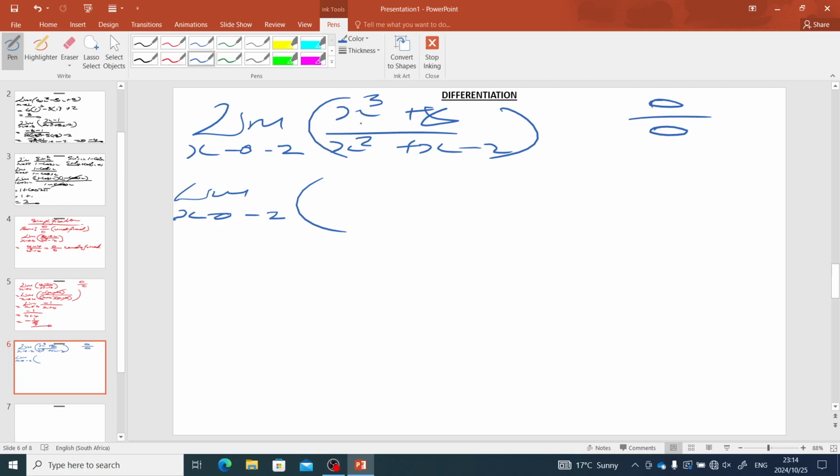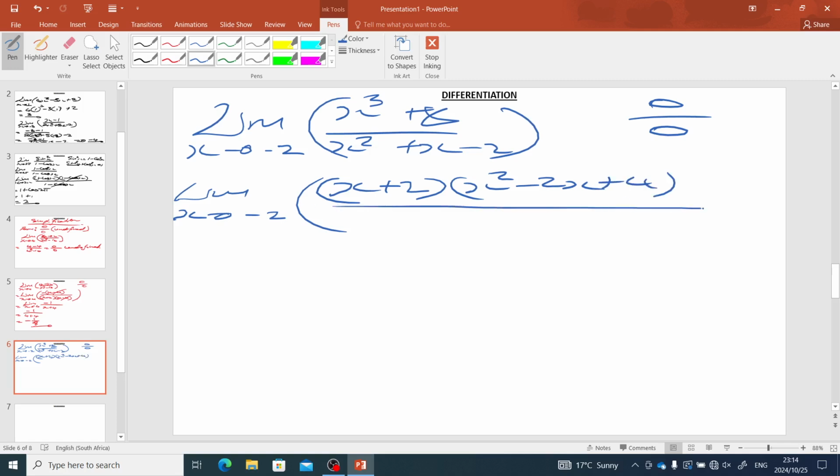In simplifying, it will be the limit as x approaches negative 2. We are having the difference of cubes there on top in your numerator. Then it will be x plus 2, then x squared minus 2x plus 4, divided by, at the bottom we can then factorize and look for the factors.